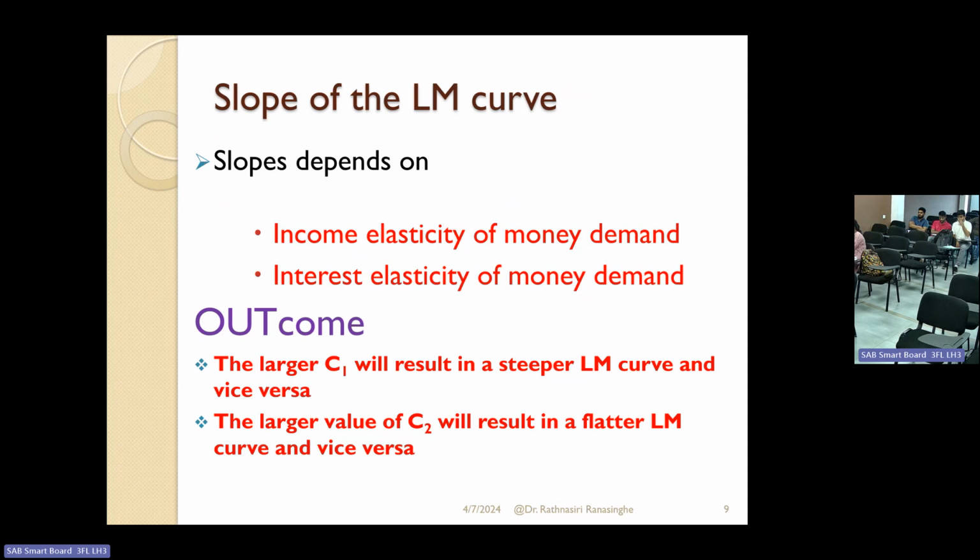mainly depends on what? Now we know that if you draw the curve, this is the base of the money market. We draw the LM curve based on the money market equilibrium.